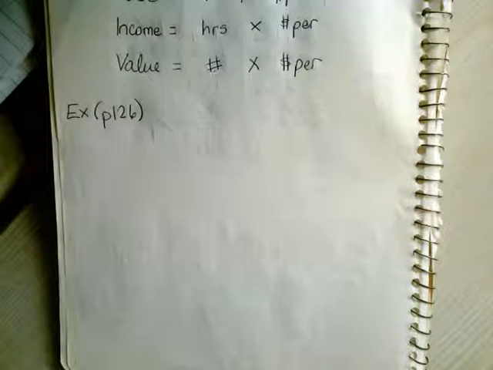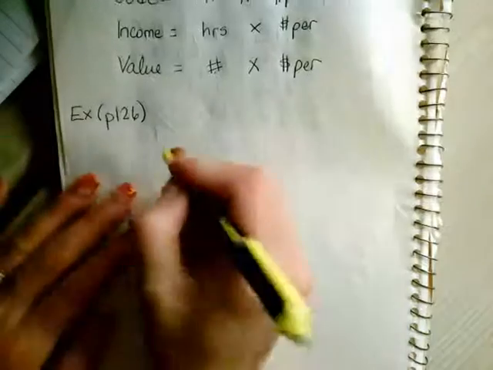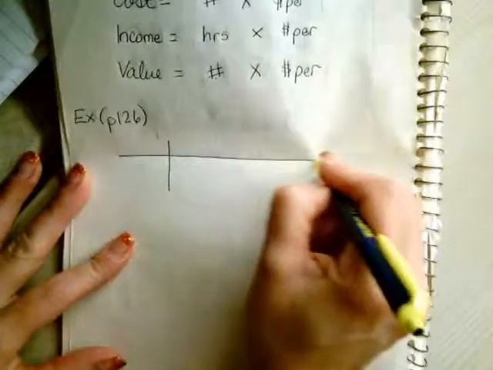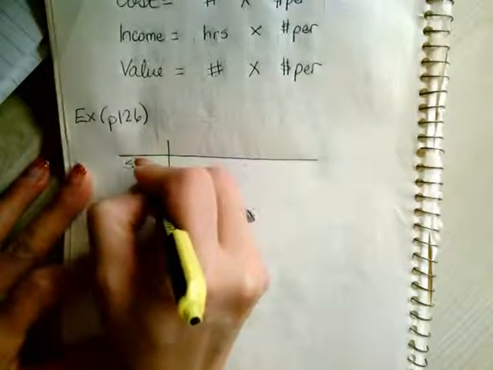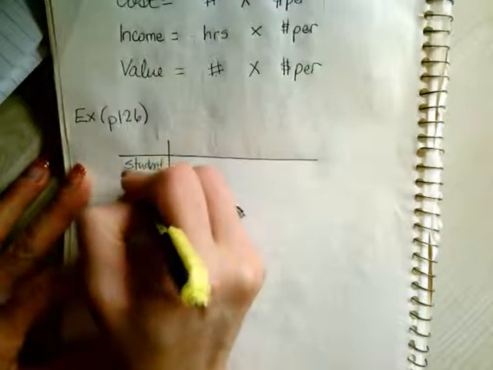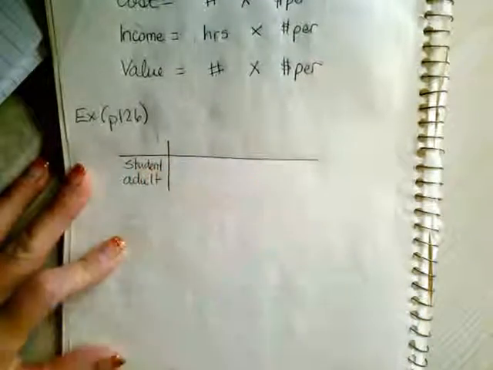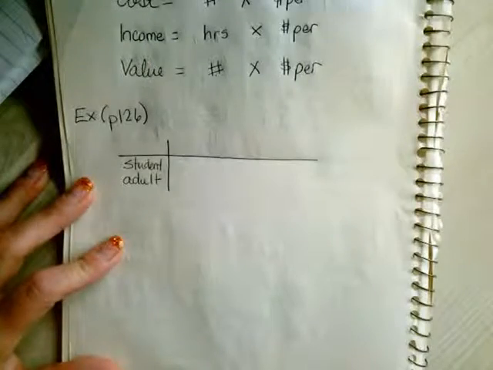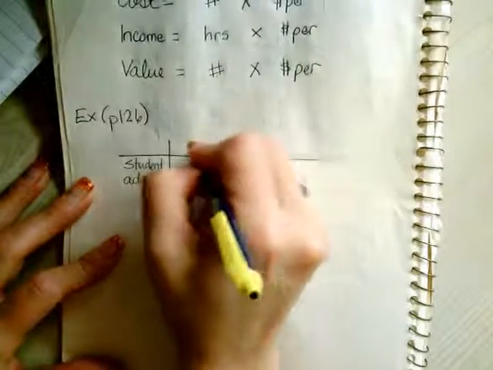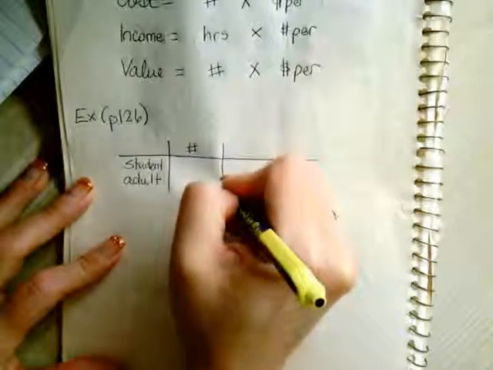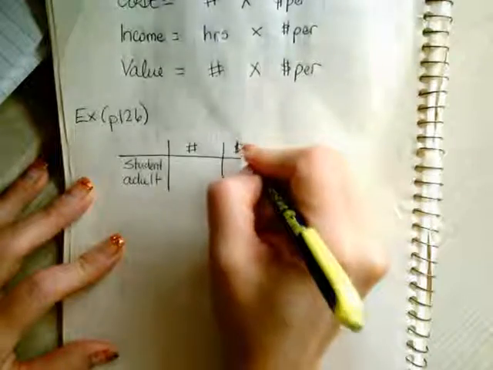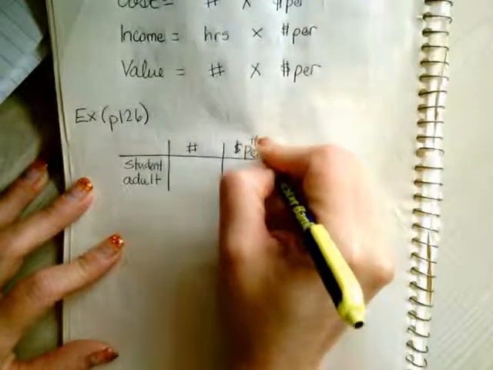All right. In lesson 3.6, they taught us how to chart, and I highly recommend you continue charting. It helps me, and I know it helps you if you do it. Student versus adult. And then using the same setup, we're going to do the count, the cost per item, and in this case it's tickets, right?